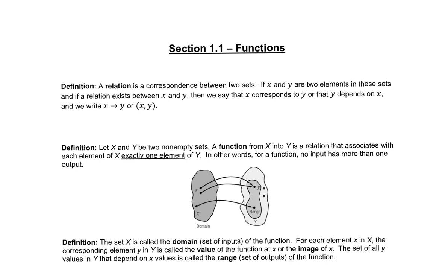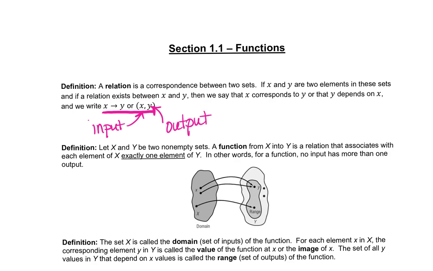And we write it as x is the input and you get the output y, or you write it as a point (x, y). So your input is x and your output is your y. It's just the same as before.